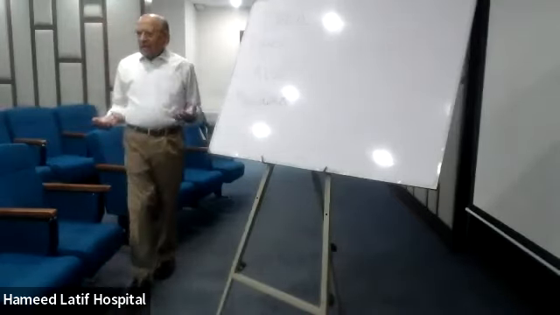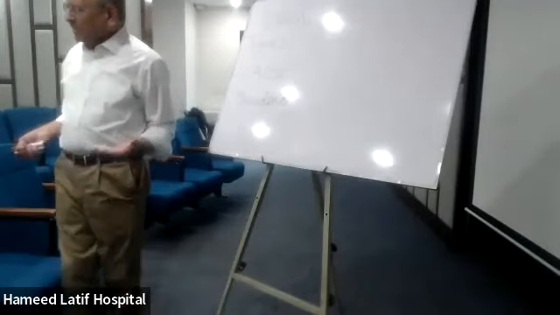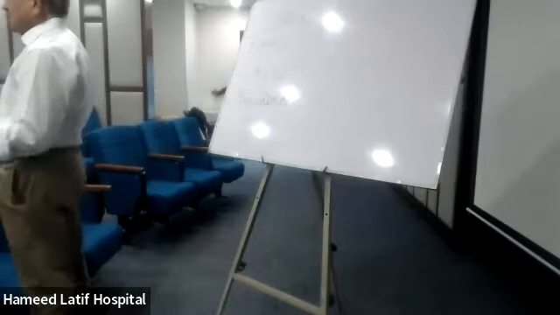Now, this is something which I wanted to extract from you. What happens at cesarean section when you are delivering a breech? That's a breech delivery too. Even at cesarean section. So if you are not aware of how to deliver a breech, even at the time of cesarean section, you will find difficulty. Even at this stage, I am a little nervous while I am delivering a breech at the time of cesarean section.